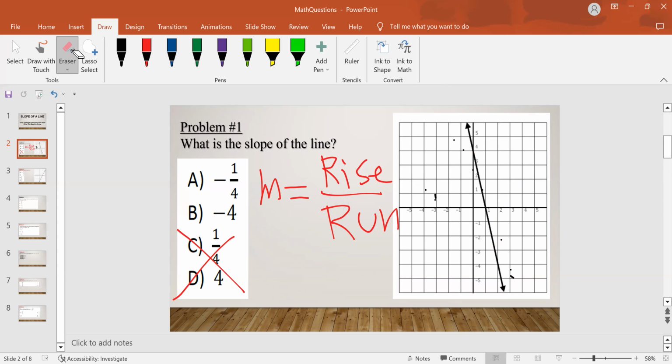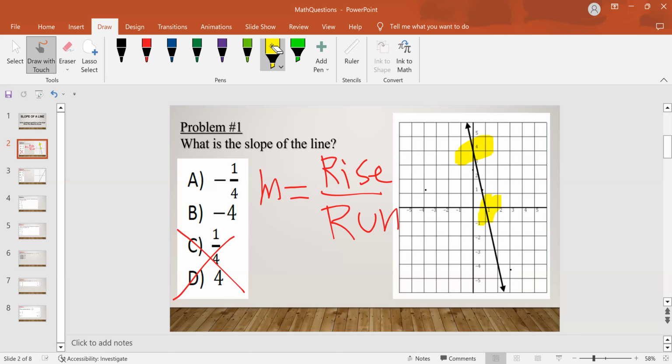We're going to find 2 points on the line, but make sure you find the correct points on the line, which is going to help you use rise over run to get the correct answer. One point will be here where we have the 4, and another point is here.